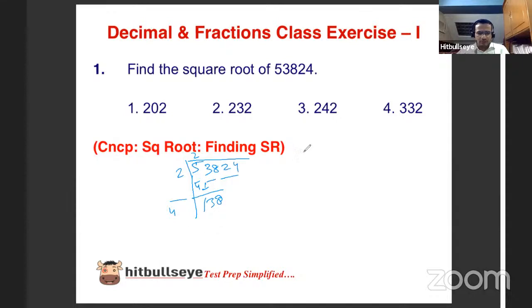So 3. 3 into 43 is 129. What is the difference? 9 24. And the sum I'll write down here. Sorry, my bad, it was 3 here, right?